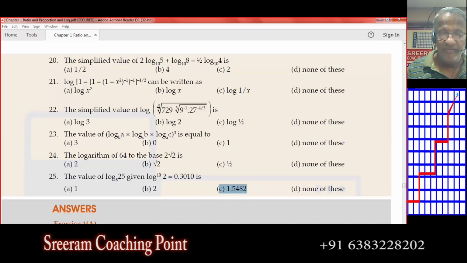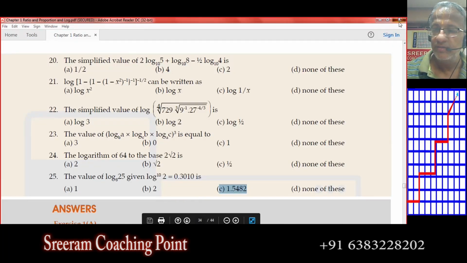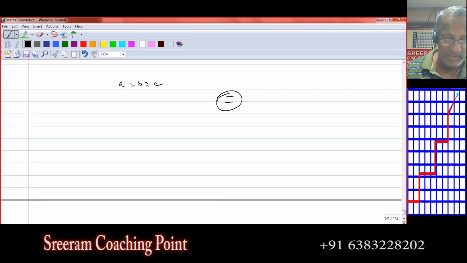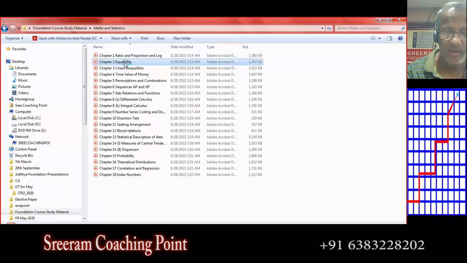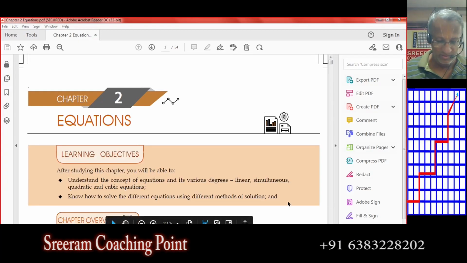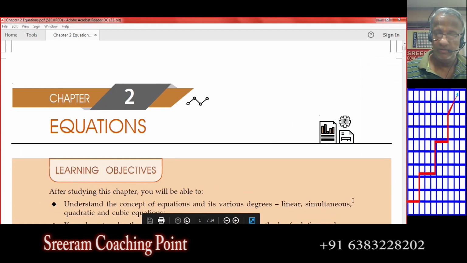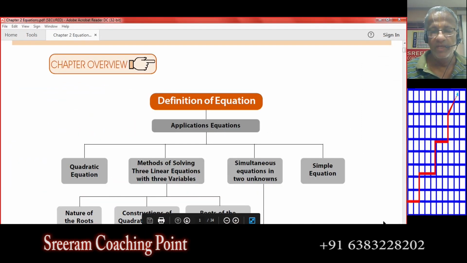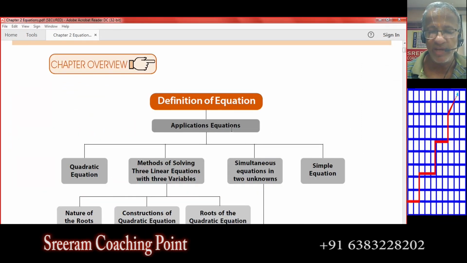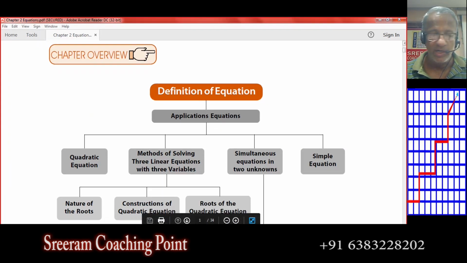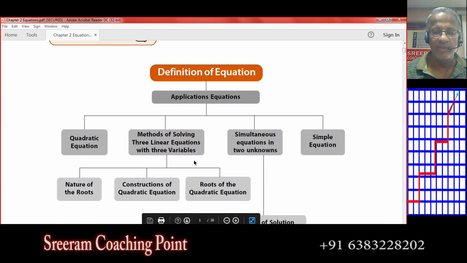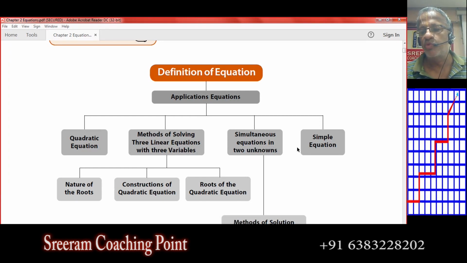So in the very first page itself, I will just show you. We have the definition of equation, application of equation. Under that, quadratic equation, methods of solving three linear equations with three variables, simultaneous equation with two unknowns and simple equation.